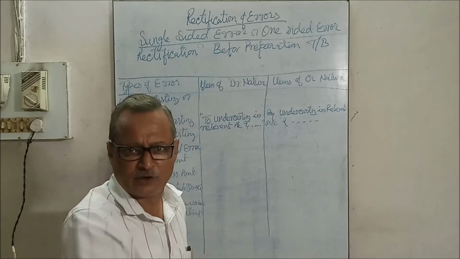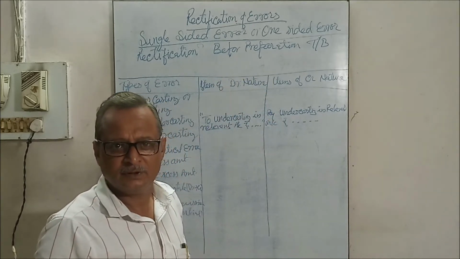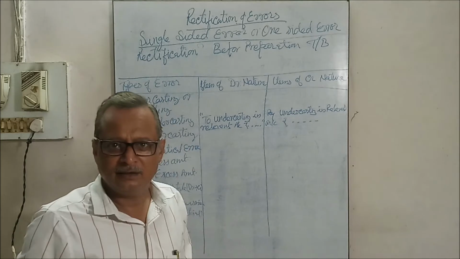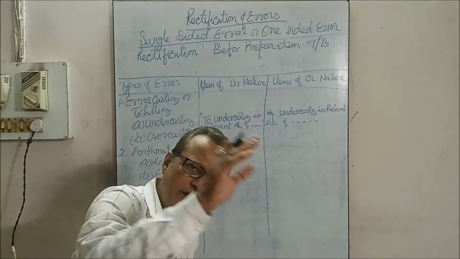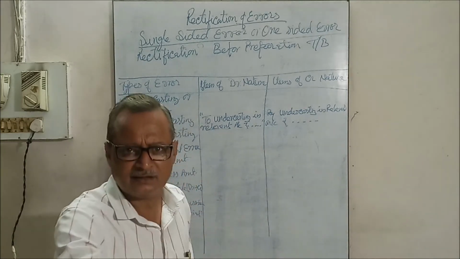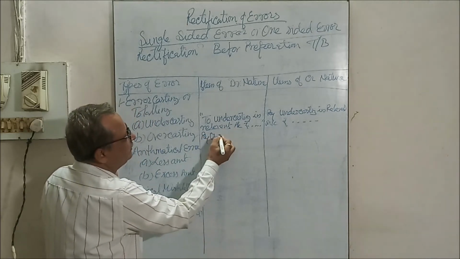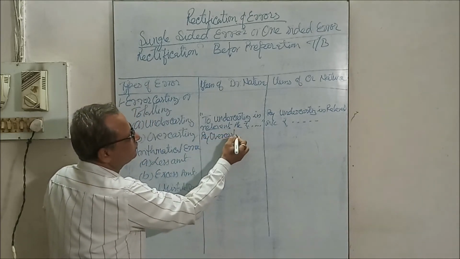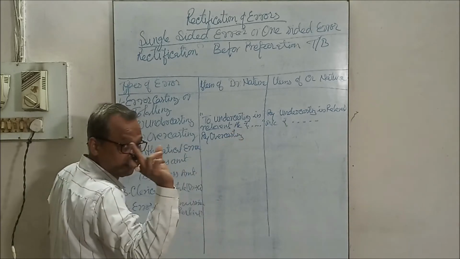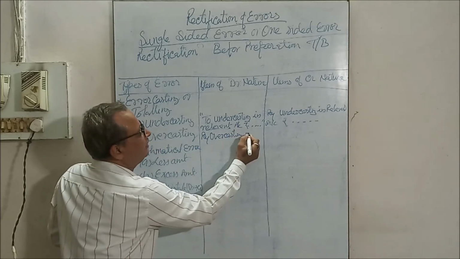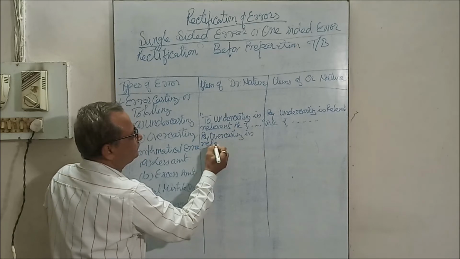You have to reduce that one. The debit item, in order to reduce it, you have to credit it. So you will write here By overcasting, amount of difference only, remember, in relevant account.